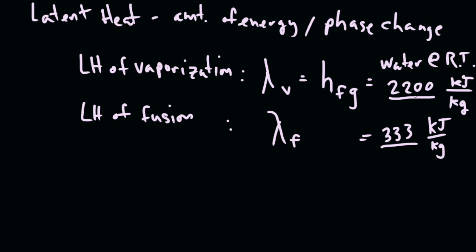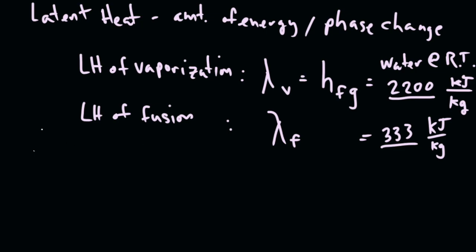So a liter can produce 2.2 megajoules of heat if we take it from liquid to vapor. That is a really large amount of heat, and that's why steam was very popular for steam engines when they were first created.